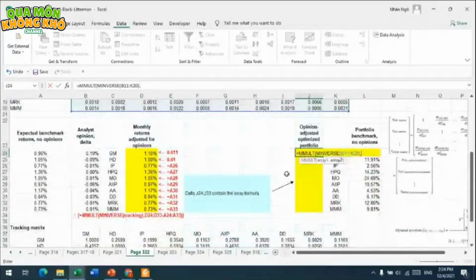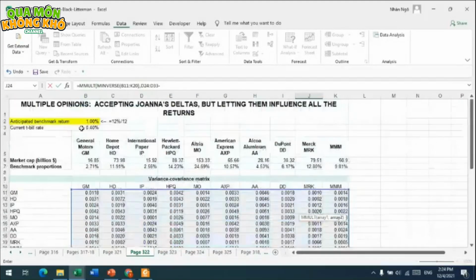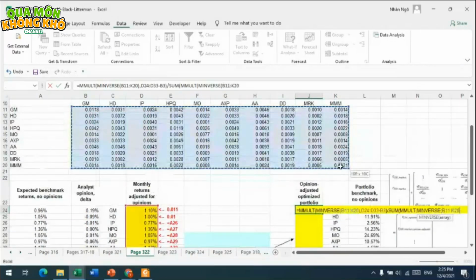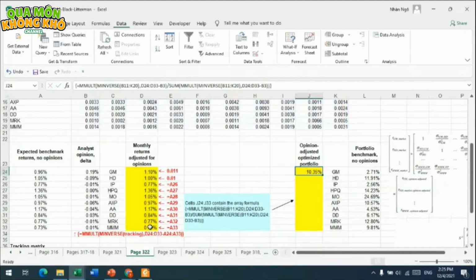And then the new return minus the risk-free rate, and then divided by the sum of Mu inverse.